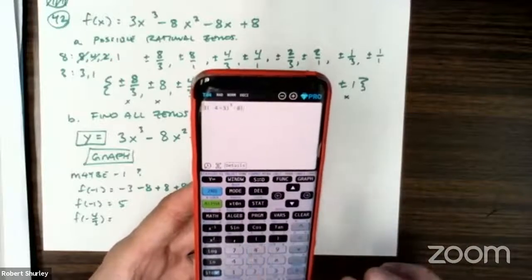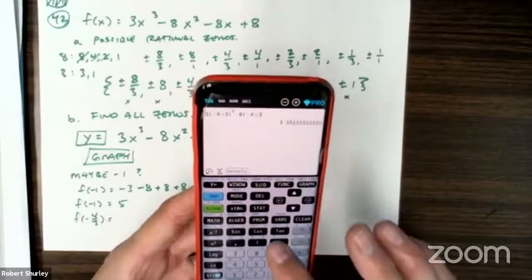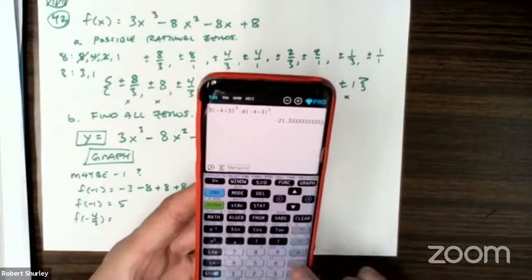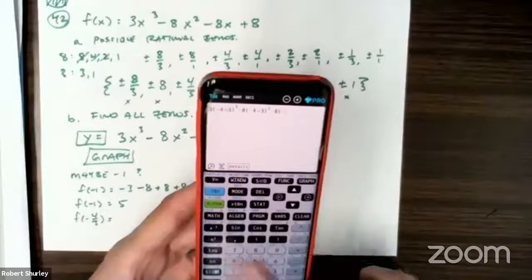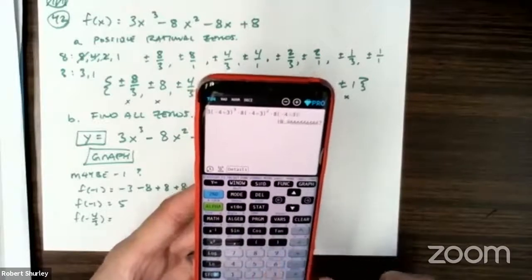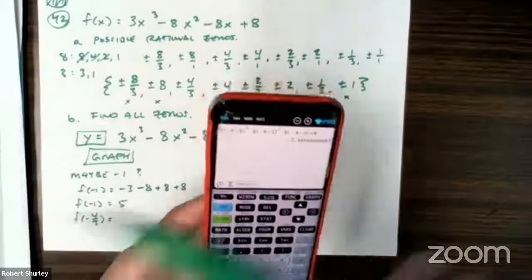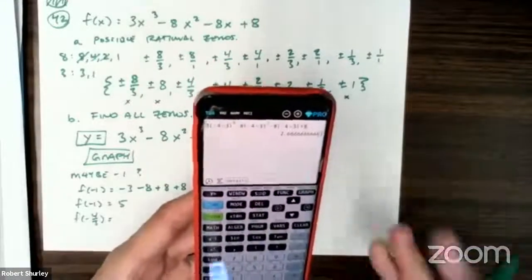Minus 8 times negative 4/3 squared. Minus 8 times negative 4/3 plus 8. Ah, we were close. It's not 0 though. I plugged all this in and it's not 0.